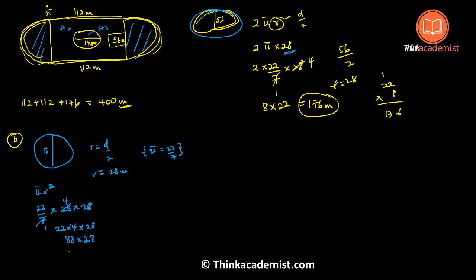We'll go ahead and do this calculation to get, let me see, I'm going to guess. If I get it wrong, you just send the correct thing in the comment section, but I'm thinking it will be 1,232 meter square. Why meter square?